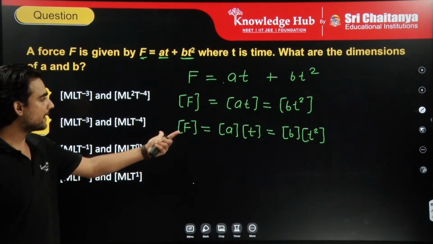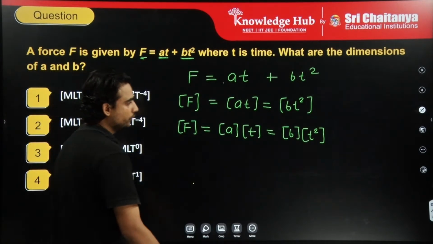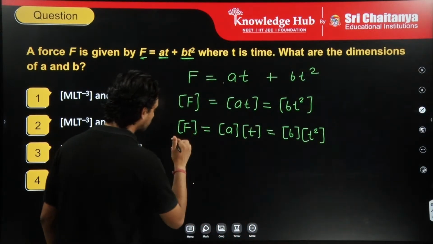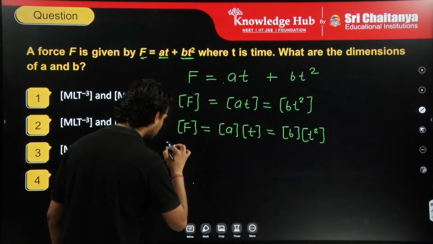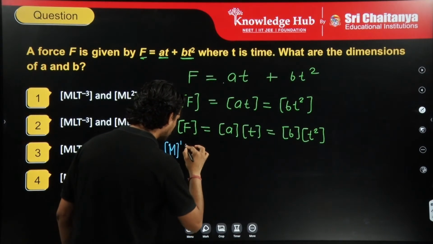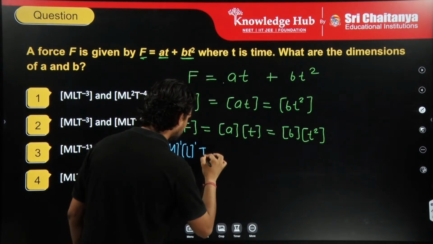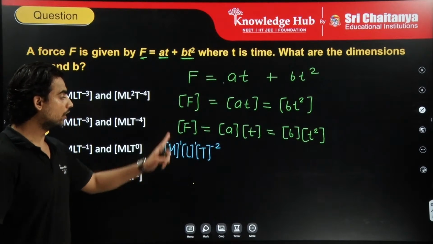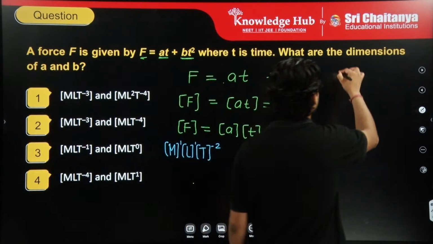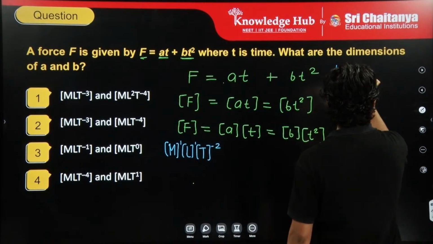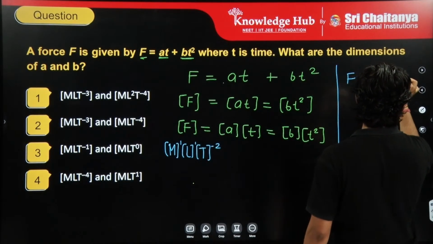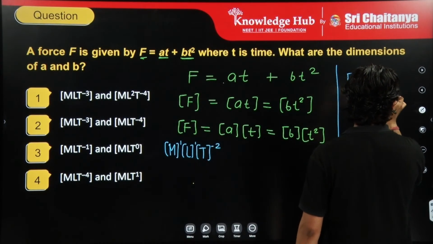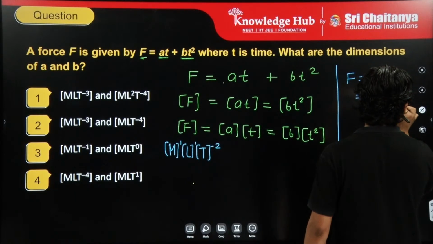Now let's write. What is the dimension of force? If you remember, the dimension of force is M raised to 1, L raised to 1, and T raised to minus 2. Those of you who don't know how to write the dimension of force, let's find it here. Force is mass into acceleration, right? Mass is kg and acceleration is meter per second square.